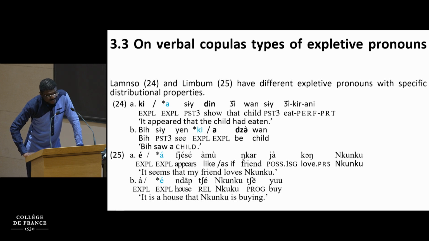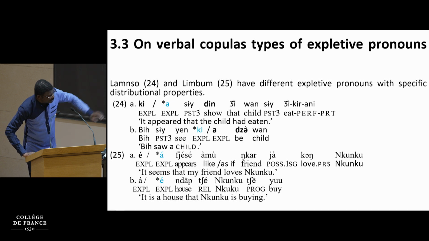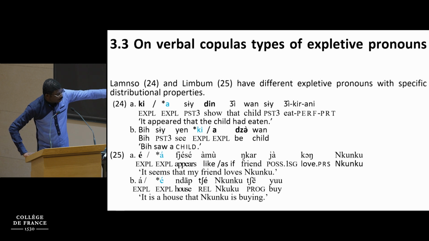You have to use the "a", but you can't use the other one, which is rather used when you have a cleft. So you can see the difference: the pronoun used in cleft or focus constructions is not the one used in other cases.